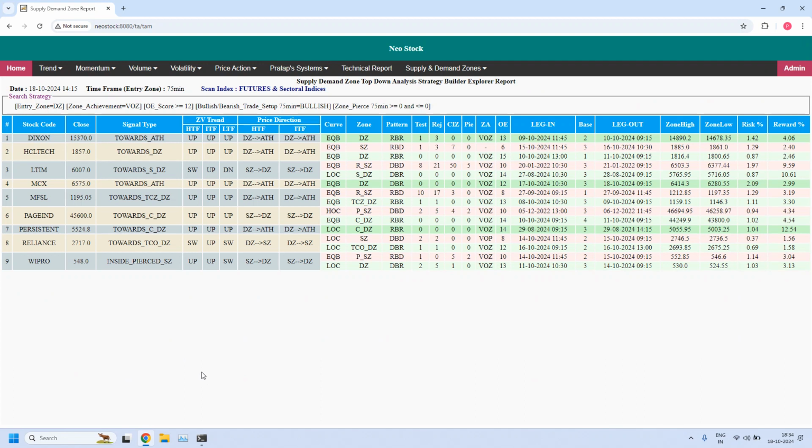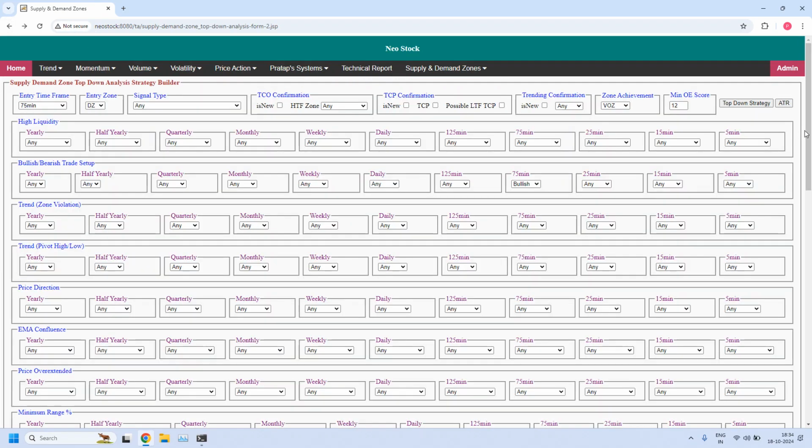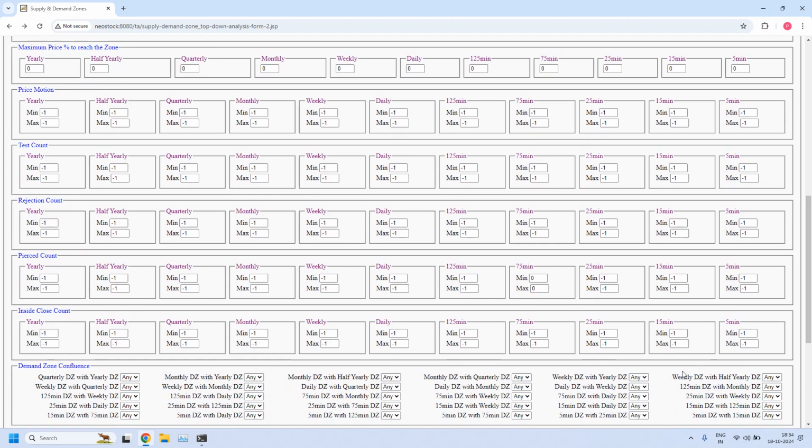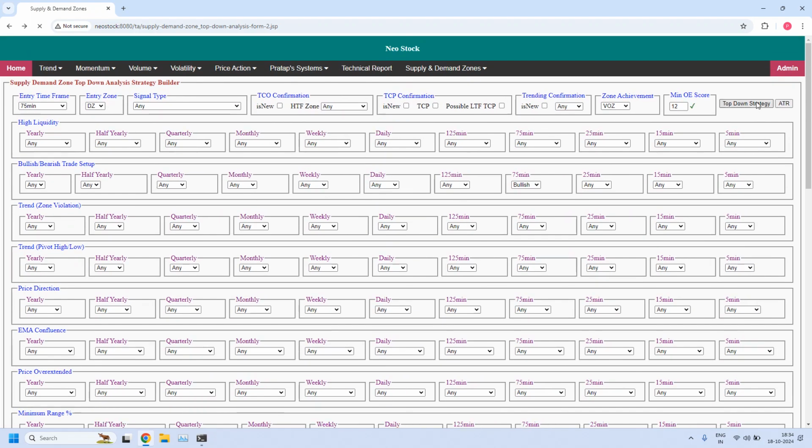So first let us check LTF ITF combination, that is zone confluence. So in the demand zone confluence, LTF is a 75 minutes demand zone, ITF is a daily. So we are looking for 75 minutes demand zone confluence with daily demand zone supported stocks. So I enabled this filter. Now let's verify.